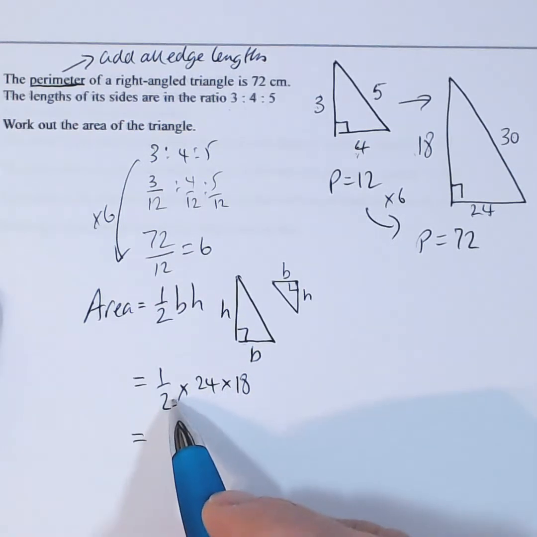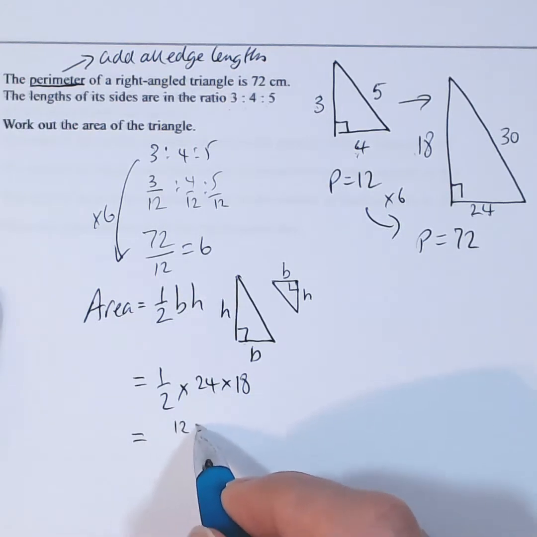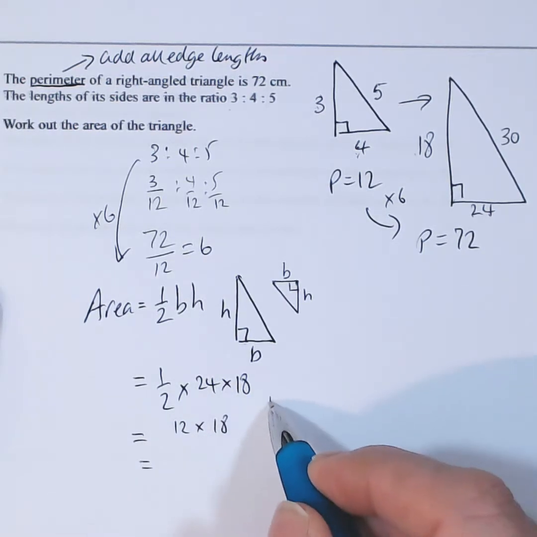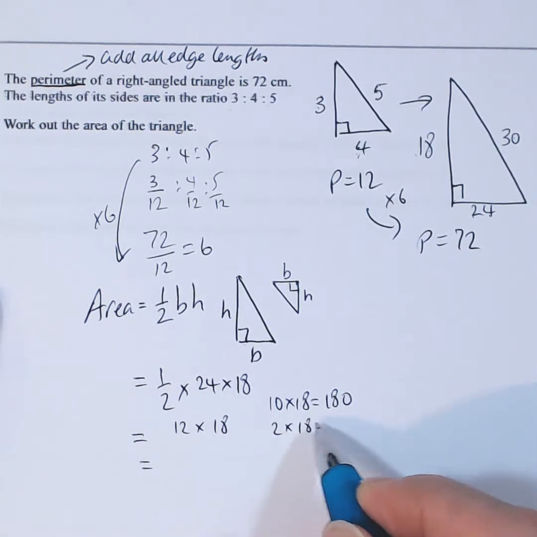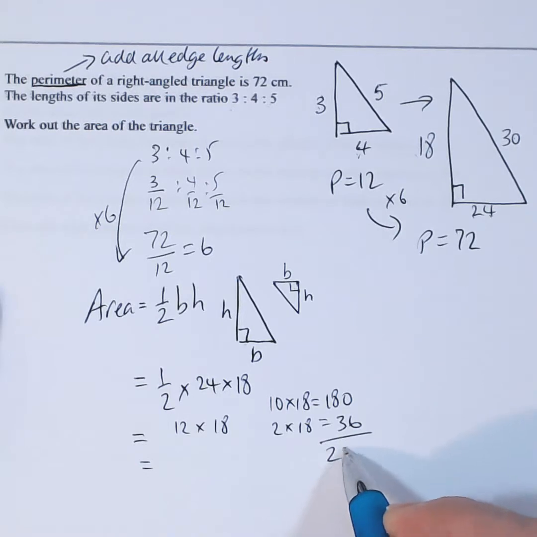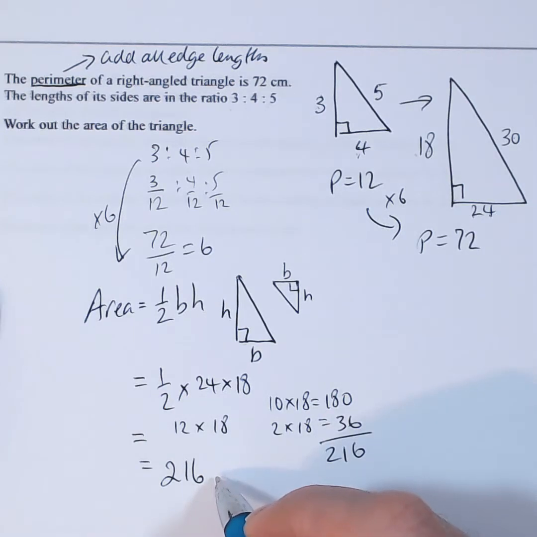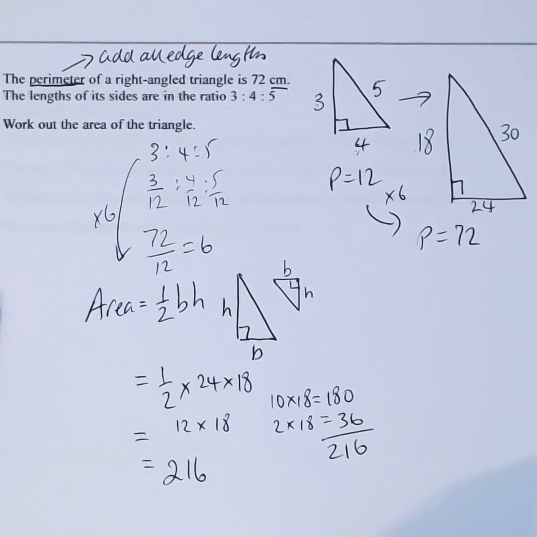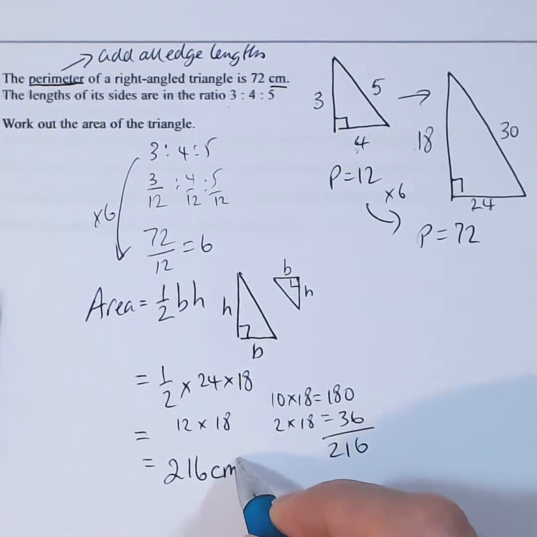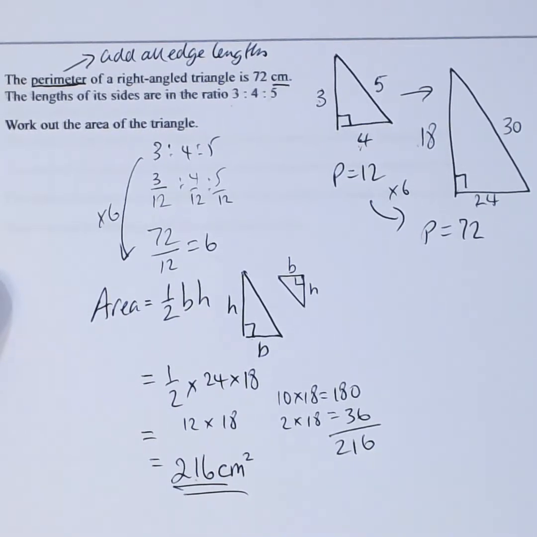And we do that calculation, a half times 24 is 12, so we end up doing 12 times 18, and we recognise 10 times 18 is 180. 2 times 18 is 36, and then when we add those together we get 216, and we know this question involves units, so we should always be thinking of what the units will be, and because they said in the original question the lengths were all measured in centimetres, then the area must be square centimetres, so that would be the answer to this question, 216 square centimetres.